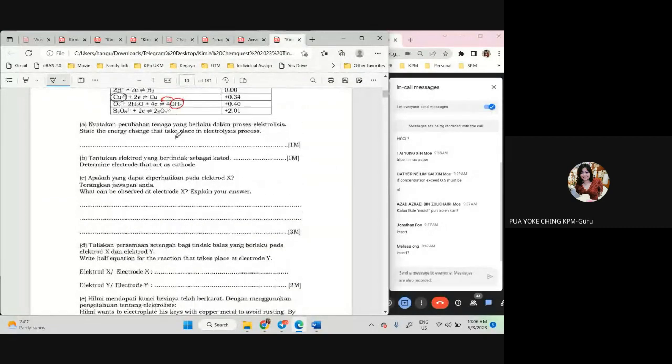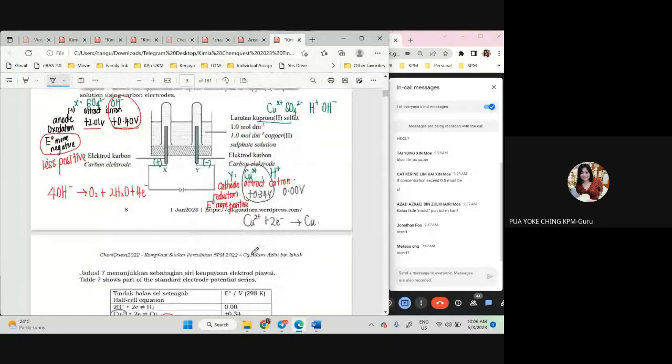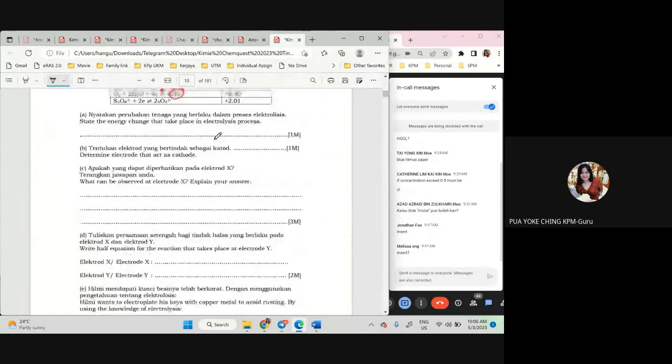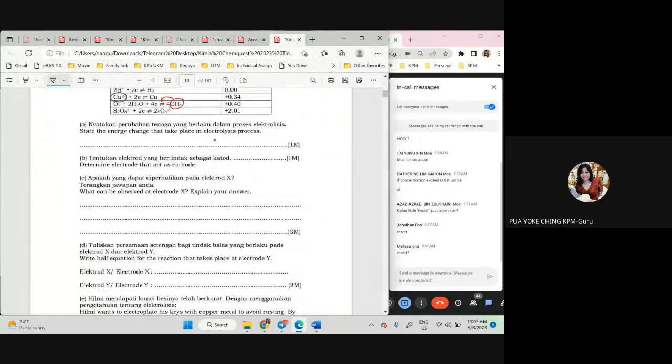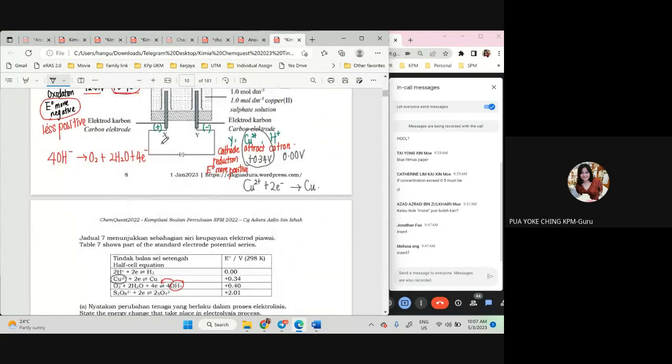So, you just write balik siapa cathode, apa yang dapat diperhatikan pada X. So, apakah yang boleh diperhatikan di X? So, be careful with this one. What can be observed at X? So, tadi kita dah tahu X kita adalah this one.